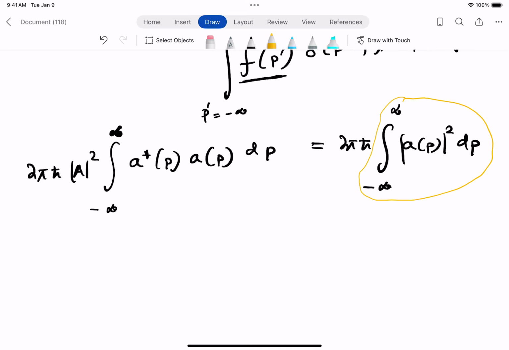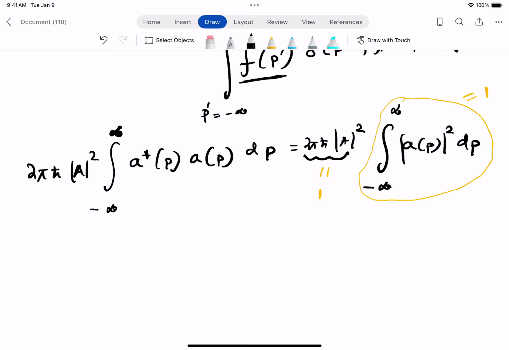Oh, and I forgot the absolute value of a squared: 2 pi h bar times absolute value of a squared. If this quantity inside my yellow boundary is normalizable, and we'll see that it is, then this quantity just needs to be equal to 1 in order for the whole thing to be equal to 1. So I'm claiming that this will be equal to 1, and then the whole thing becomes equal to 1.